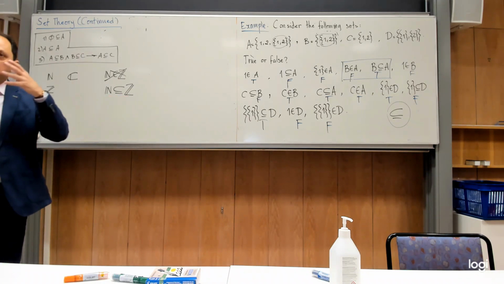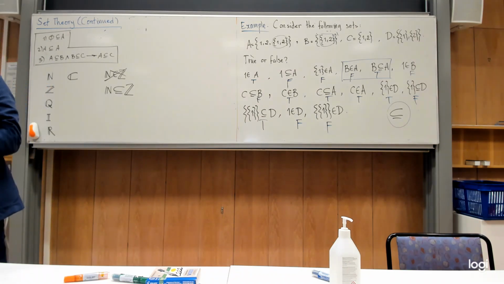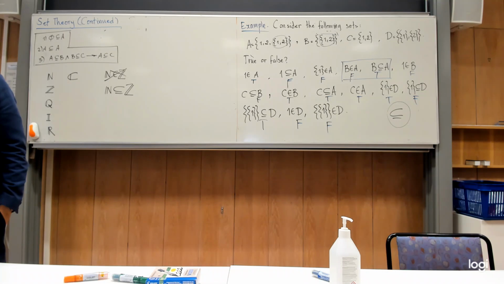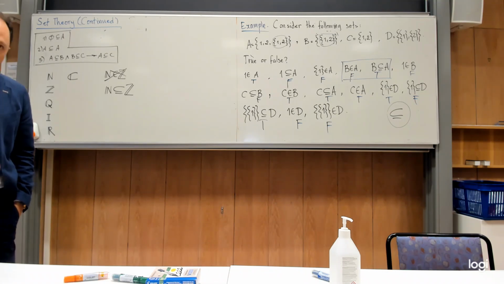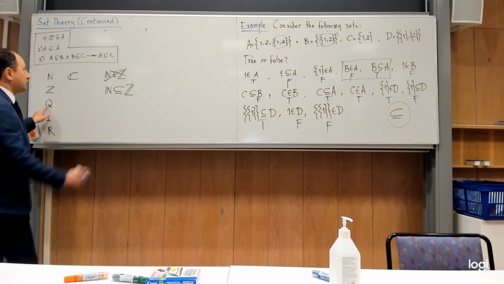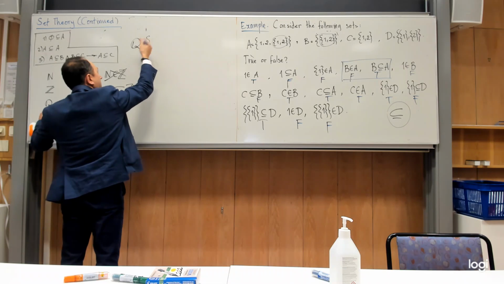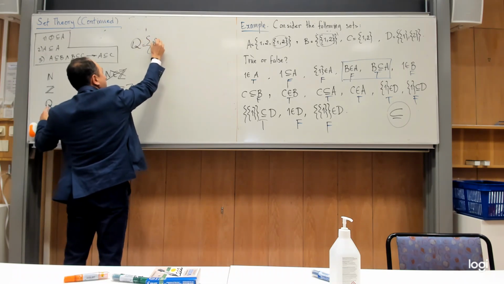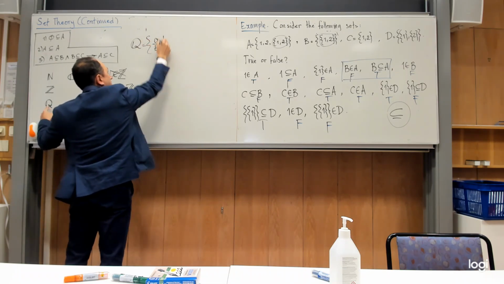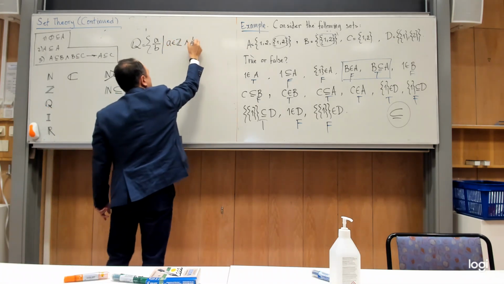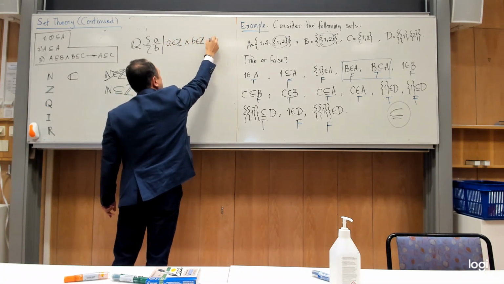Why? For example, why do you think -3 is a rational number? You can divide it by 1. Yes, -3 is another name for -3 over 1. And what is the set of rational numbers? What number is called a rational? A number which is in the form of a fraction A over B such that A is in Z and B is also in Z and B is not 0.